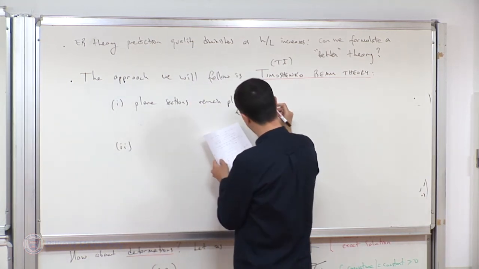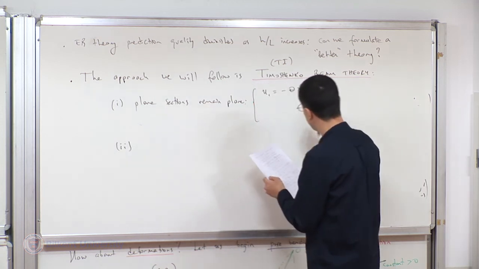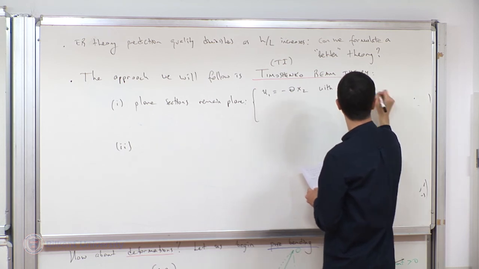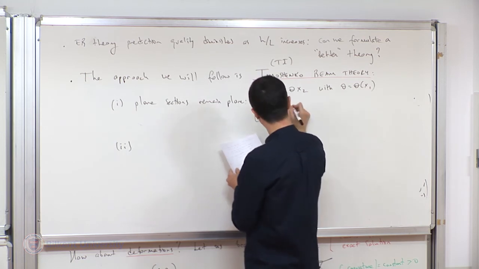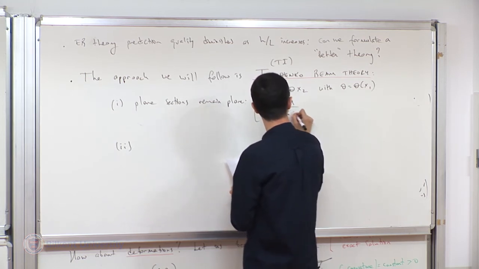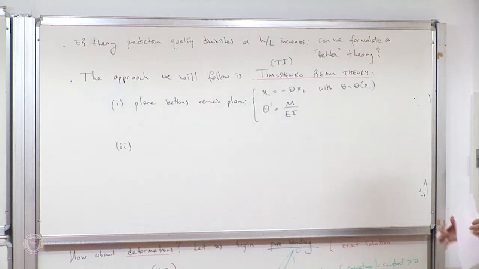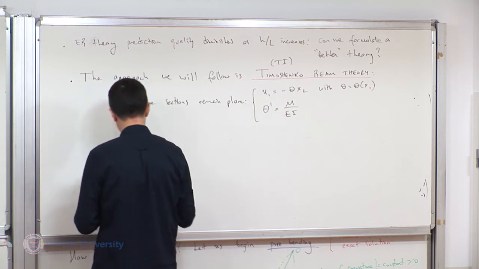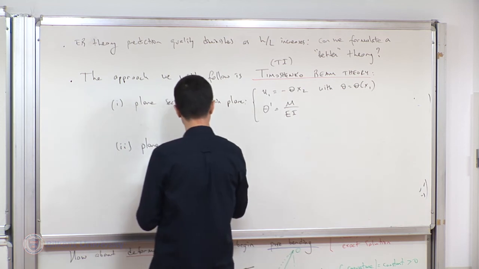And therefore, U1 must still be described through a rotation where theta is a small angle, and theta prime must be related to the bending moment through this equation still. But we are going to allow the section not to be perpendicular to the neutral axis after deformation.